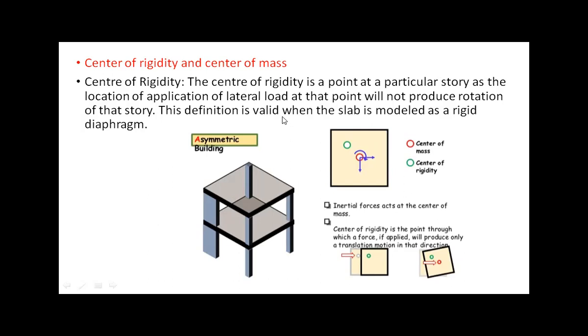Second, the definition is valid when the slab is modeled as a rigid diaphragm. Draw a simple diagram. Don't draw a 3D diagram, only 2D in your book.